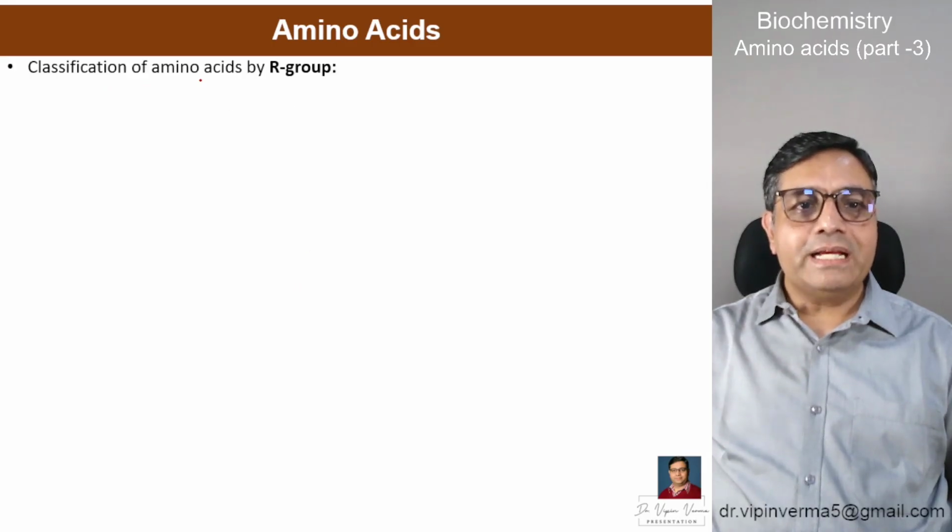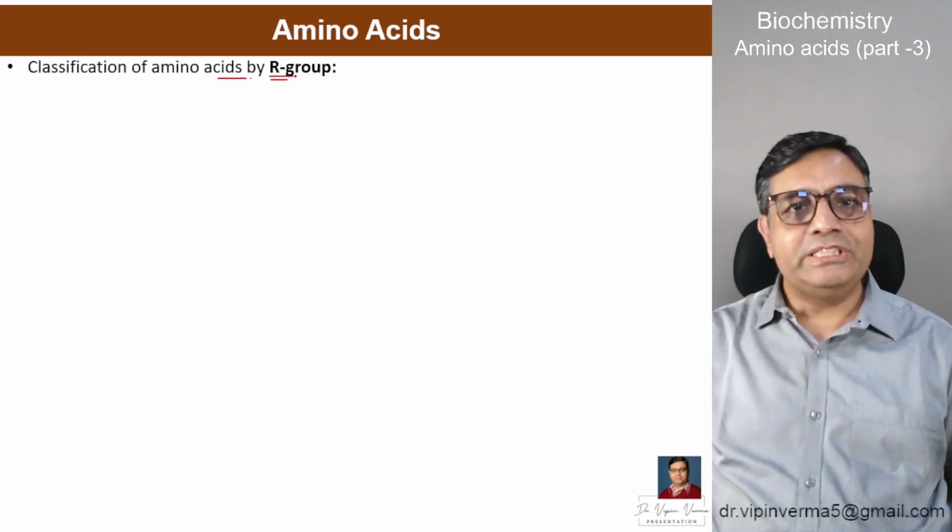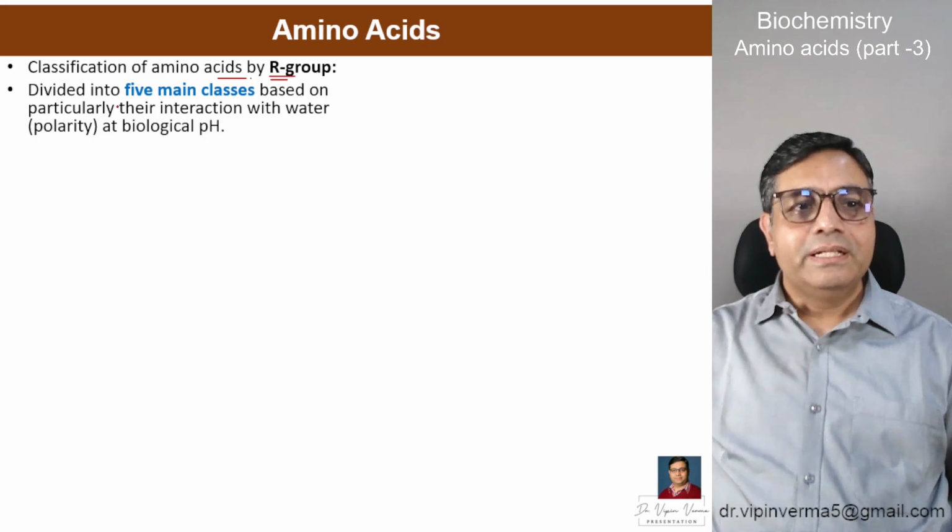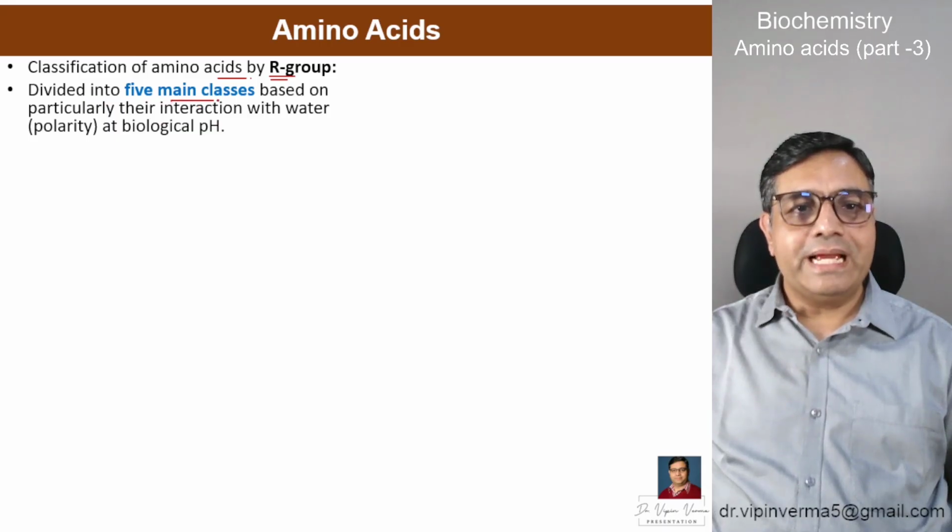Now, if we classify the amino acids by R group, and you know that the R group is the side chain of the amino acids, then we can divide these amino acids into five main classes, based on their interaction with water, that means their polarity at the biological pH.